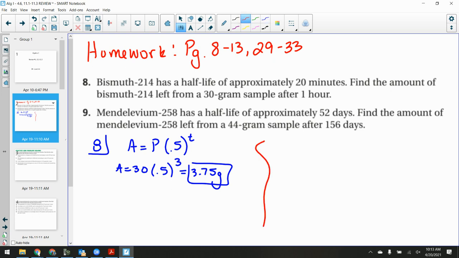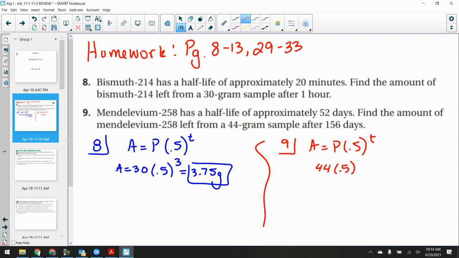Kyler. Number 9, Travis. What's my P for number 9? 44. It's a 44-gram sample. Good. So A equals P times 0.5 to the T. P is 44, and then I've got 0.5 to the... Now, the half-life is 52 days, and I've got 156 days.